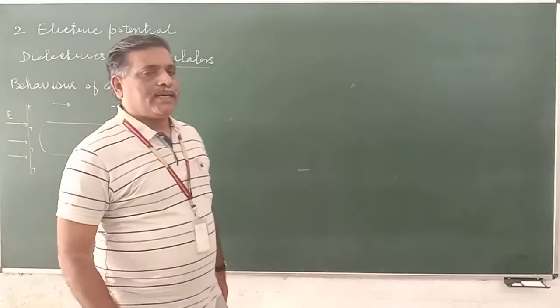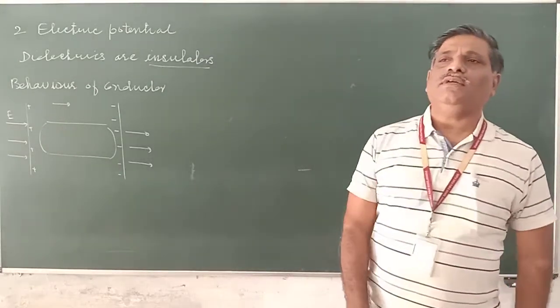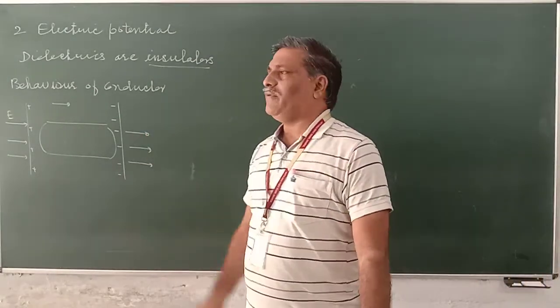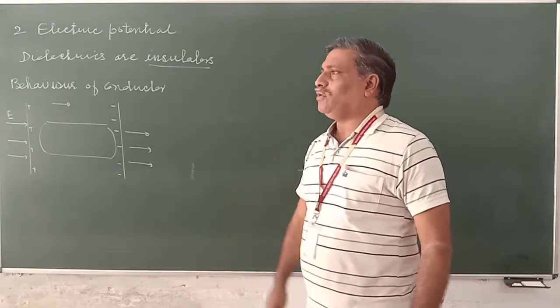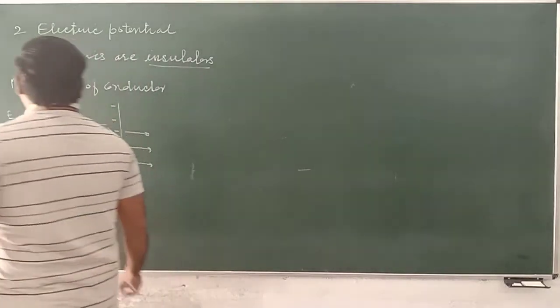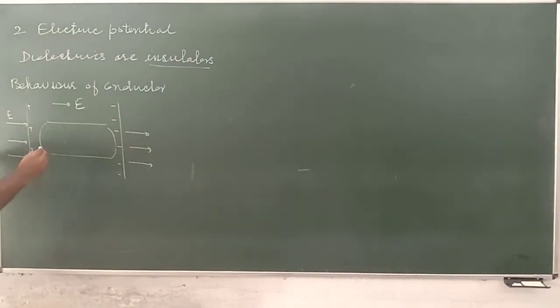Whenever a uniform electric field is created, it is because of charges on the plates. It's a simple way to create an external electric field. Now, in a conductor, we all know there are free charges. This is E external, E out.